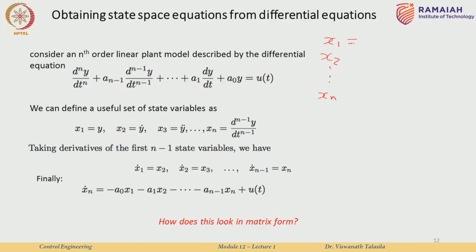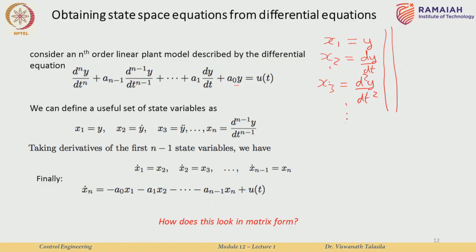So, x1 I will relate to the first variable, y. x2 I am going to call dy by dt, and so on. So, I have x1 is equal to y, x2 is equal to dy by dt, and x3 is d square y by dt square.